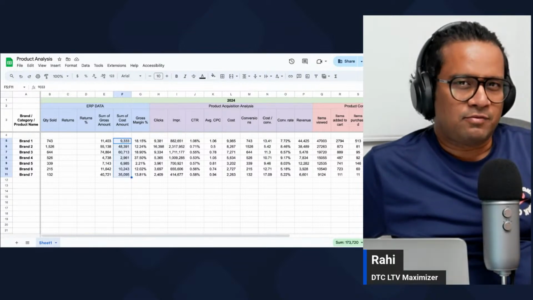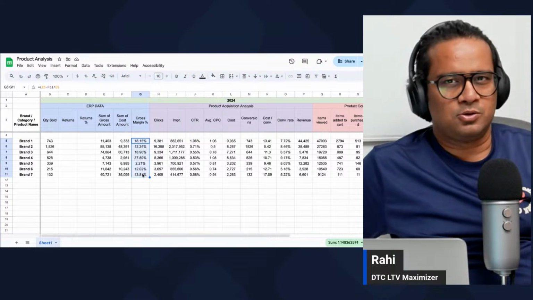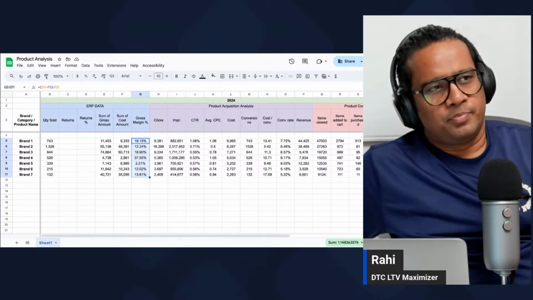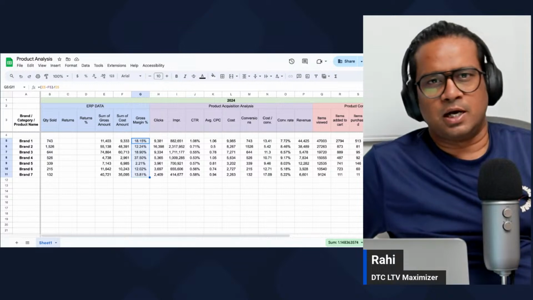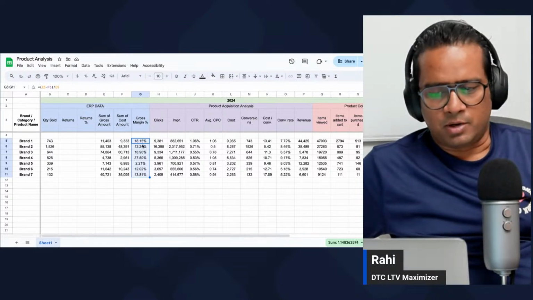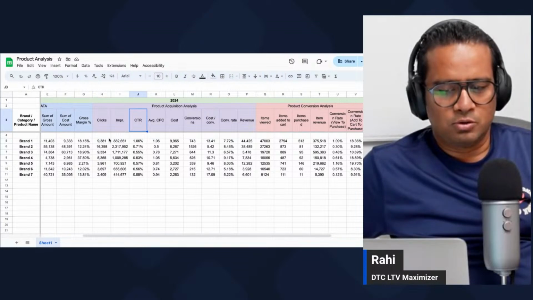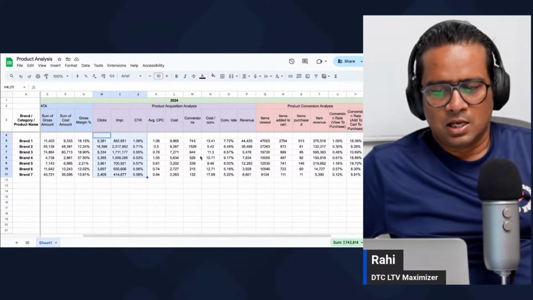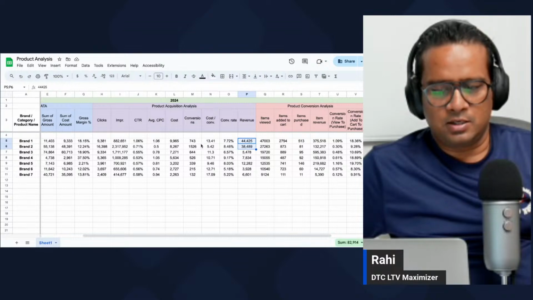It can be an average percentage, it can be a custom percentage. This was a marketplace, so the percentages are low. If it's D2C, then this number would be around 60 to 70%. So it depends from brand to brand. Then you look at the acquisition data, which is also more about clicks and CTR, but you look at conversion and revenue.